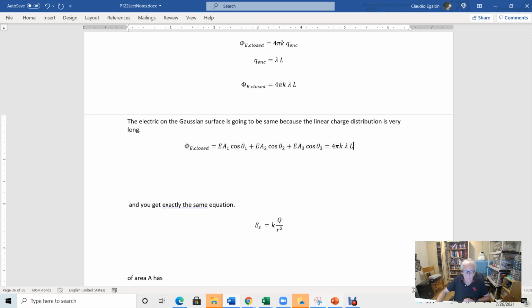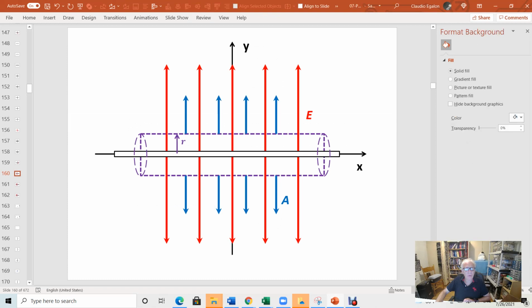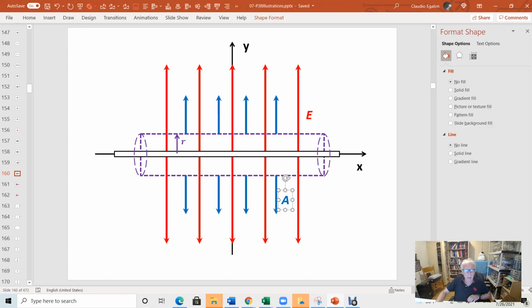Okay, I'm going to label all those surfaces. This one is going to be surface 1.